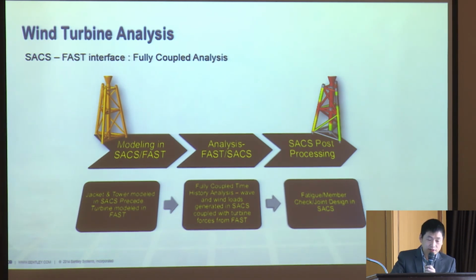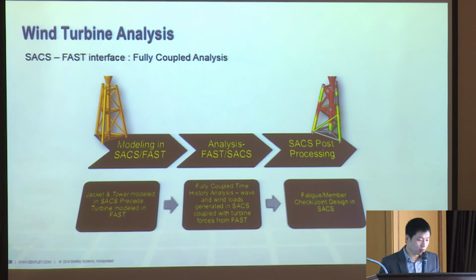And we also have an interface with another turbine software, FAST. 또 다른 터빈 소프트웨어, FAST라고 불리는 소프트웨어와도 인터페이스가 있는데요. Here we model the jacket and the tower in SACS Precede, and the turbine system is modeled in FAST. 삭스의 프리시드에서 자켓과 타워가 모델링이 되고 파스트에서 터빈이 모델링이 되고요.